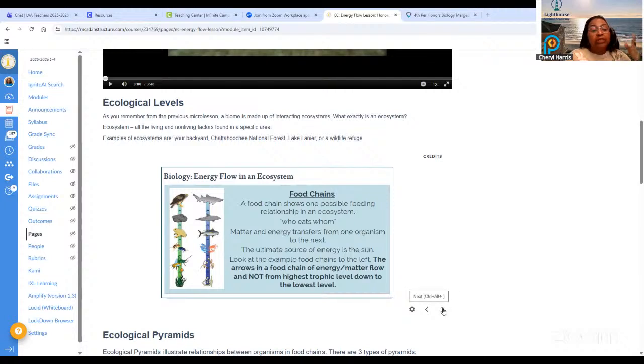Arrows tell you the direction of energy flow. That's the significance of the arrows. Energy is flowing from the dolphin to the shark, not the other way around. The energy is starting, and again, in the ocean, these are what we talked about yesterday: phytoplankton.